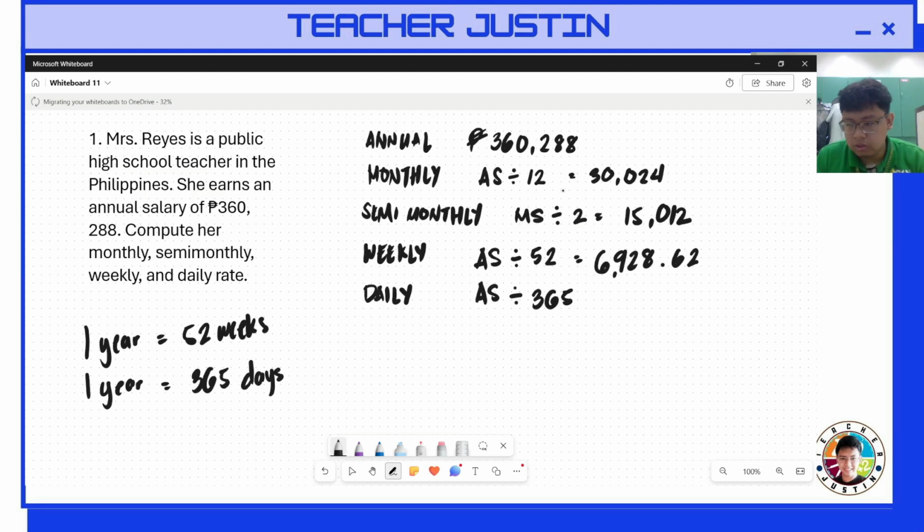Okay, so annual salary 360,288 divided by 365. That will give us her daily salary, that is 987 pesos and, round up na natin, 10 cents.